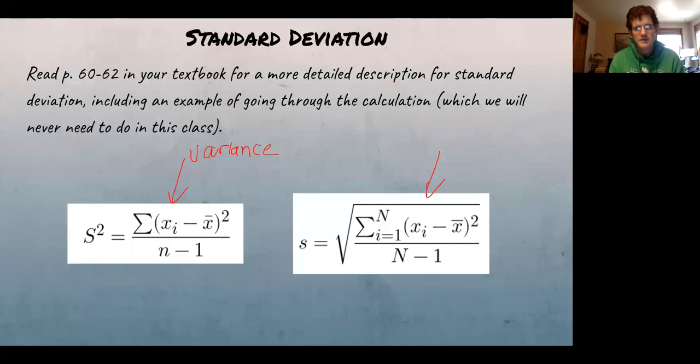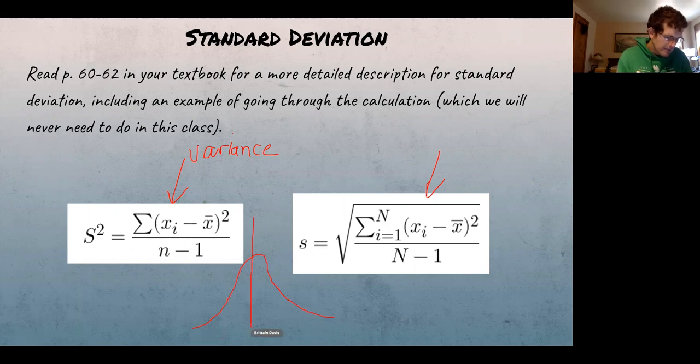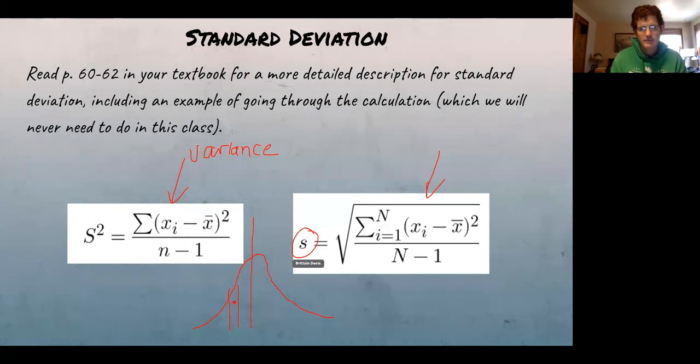Just keep in mind that your standard deviation is, in essence, the average distance any data point is from the center, from the mean. So if I have a unimodal symmetric data set, each data point that makes this up, and there's a lot of data points, let's say I had one right here that was part of this bin, this data point is going to be on average this standard deviation away.